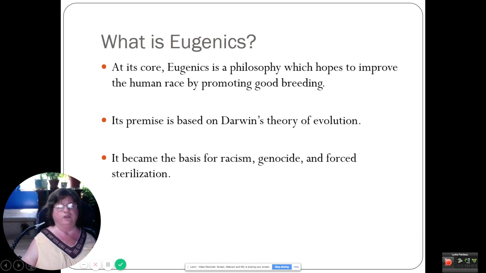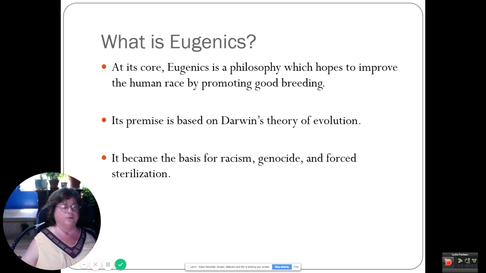So first off, we start with what is eugenics. At its core, eugenics is a philosophy which hopes to improve the human race by promoting good breeding. What does that really mean?